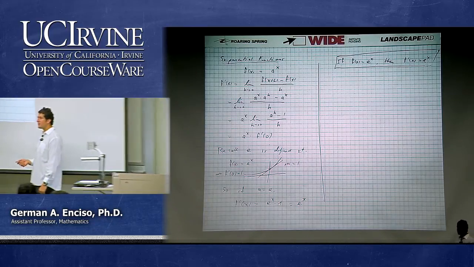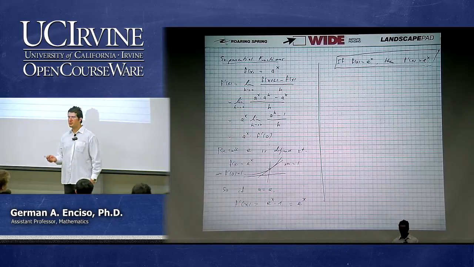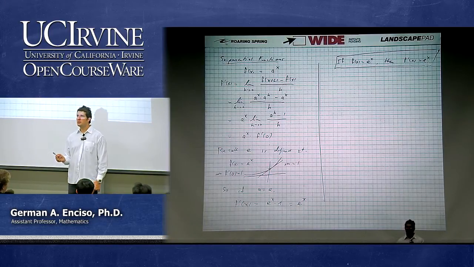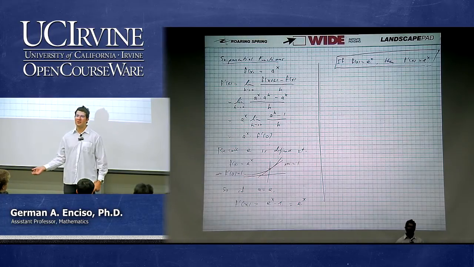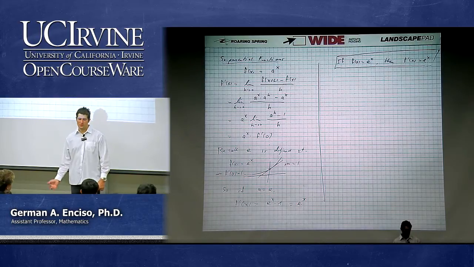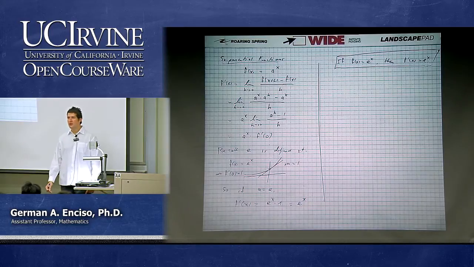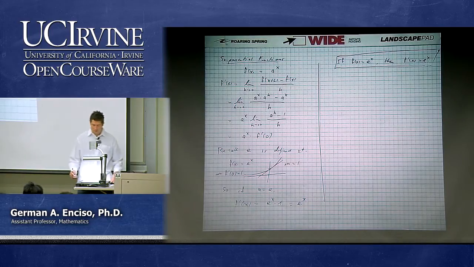But as a matter of fact, e to the x is the only function. I'm pretty sure this is true. It's the only function. No, that's not quite true. It's almost true, but not quite. For example, what's the derivative of 2 times e to the x? 2 times e to the x, yes. So if you don't count multiplication by a constant, I believe that this is the only function with that property.